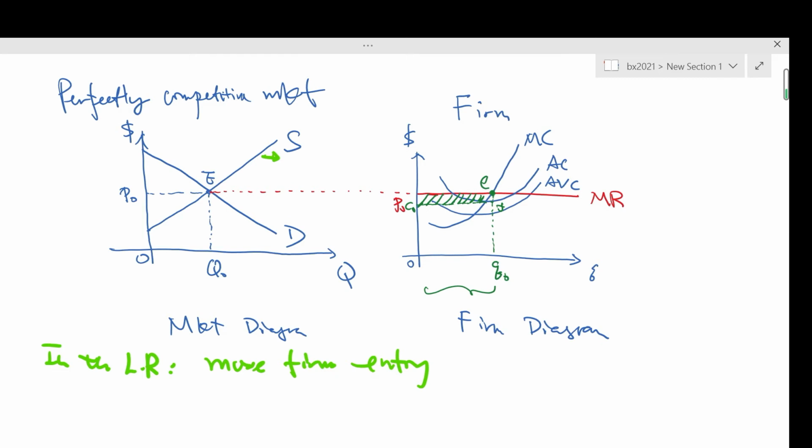So the firm entry will drive down the profit, and the entry should occur such that each firm in the market earns zero economic profit. Okay, so which means that the profit must be at zero level, which means that the price must be at the minimum point of the average cost curve.